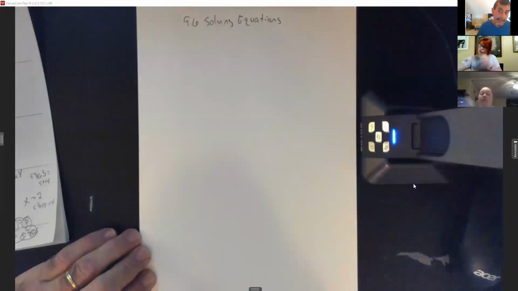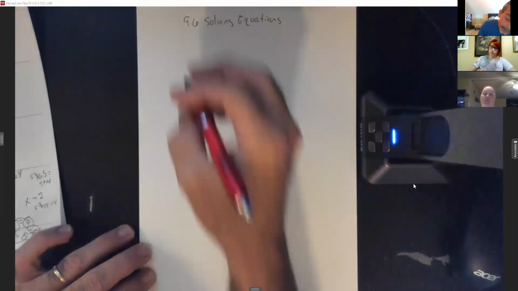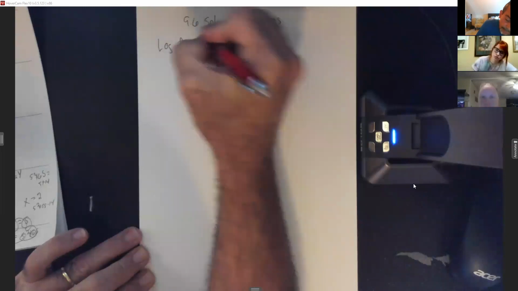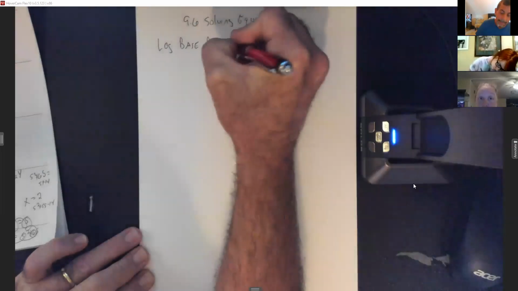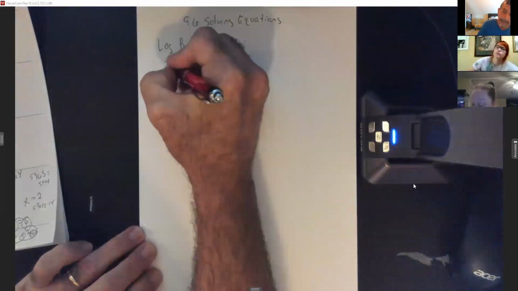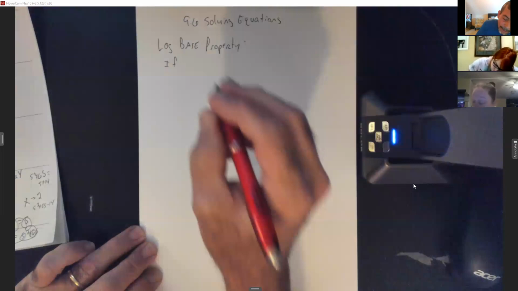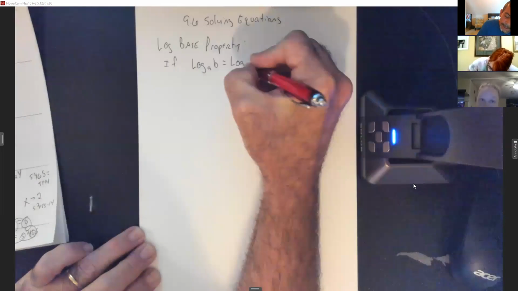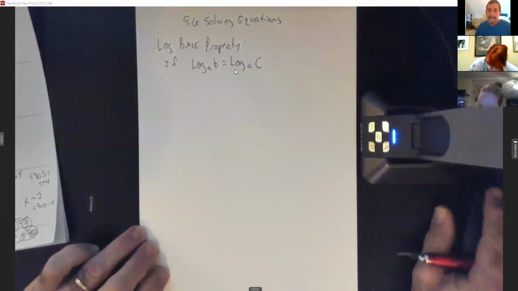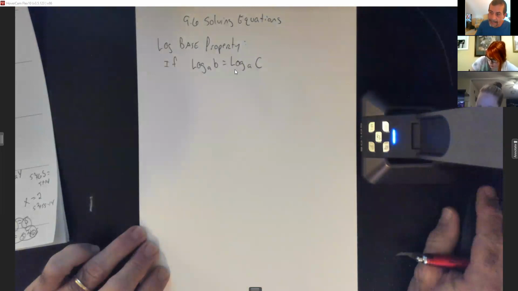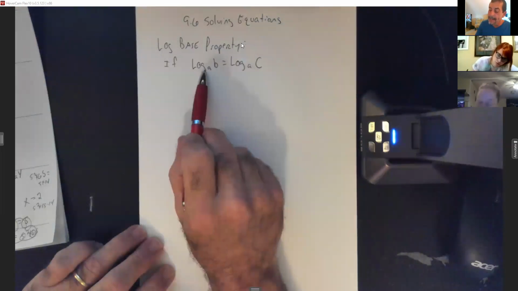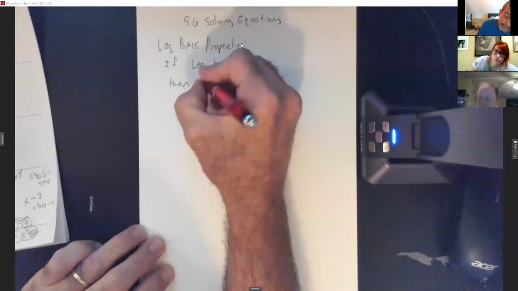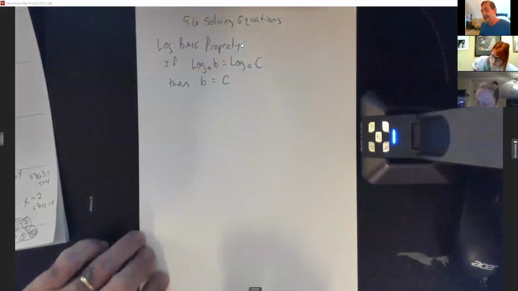So I made it down to 14 because at 14 I wanted to show y'all a new property, and this is called the log base property. And this one says if you got two sides that equal, log A of B equals log A of C. So as long as you got two sides equal and the logs have the same base, then we know that B has to equal C. So it's about like that base exponent.